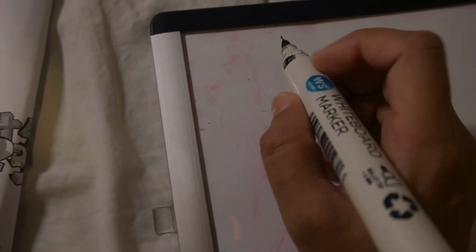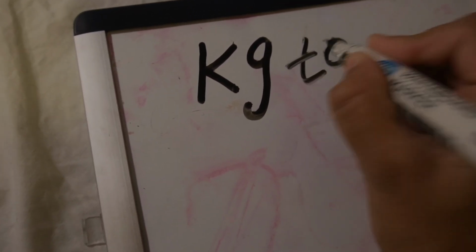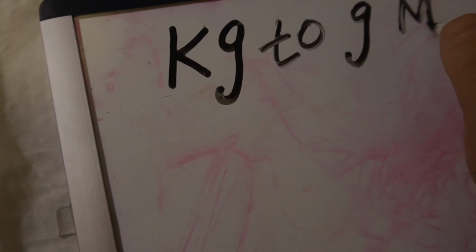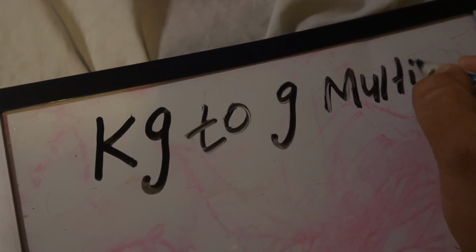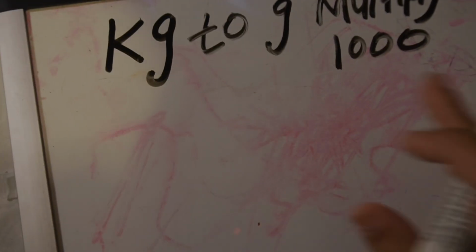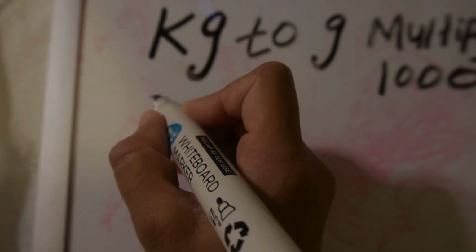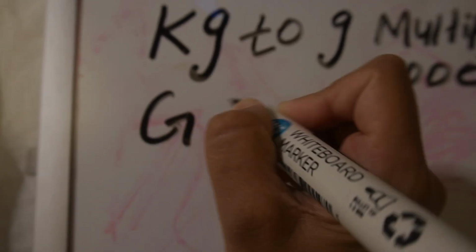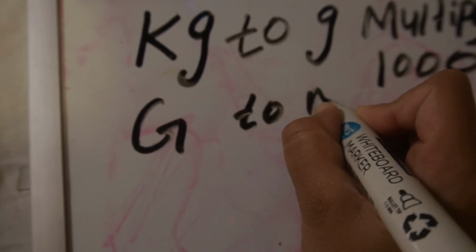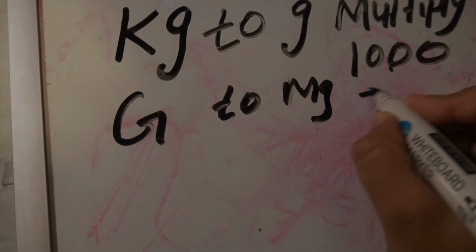First we need to convert from one unit to another. Kg to gram, we need to multiply by 1000. Gram to milligram, we also multiply by 1000.